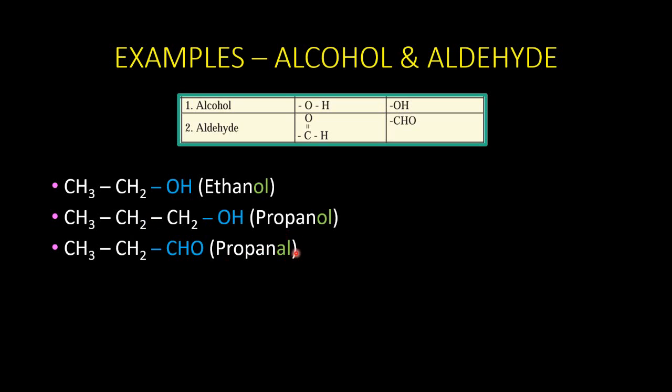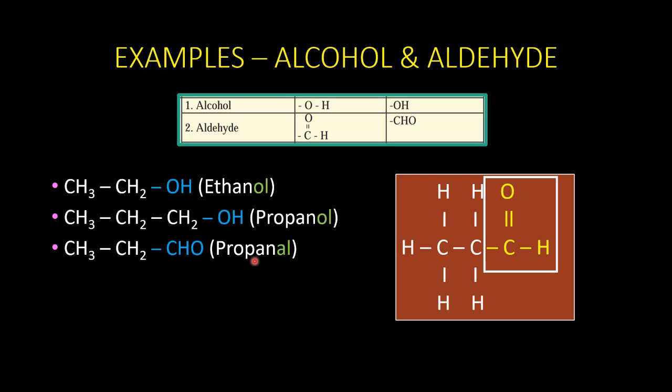AL indicates the presence of aldehyde functional group. So this is the elaborate structural formula. Count the number of carbon atoms 1, 2, 3. Even if it is present along with the functional group, you have to count this carbon also. It is must.